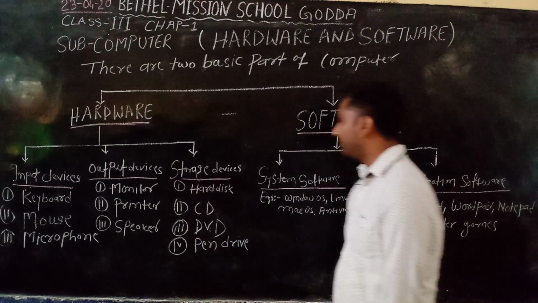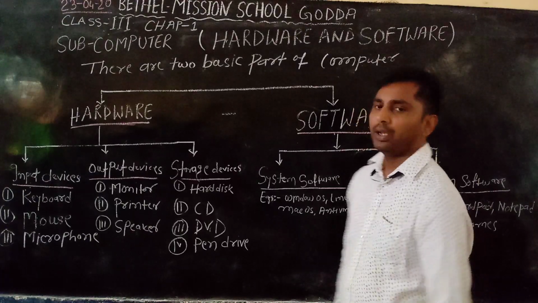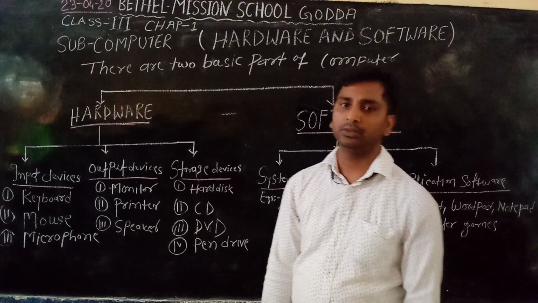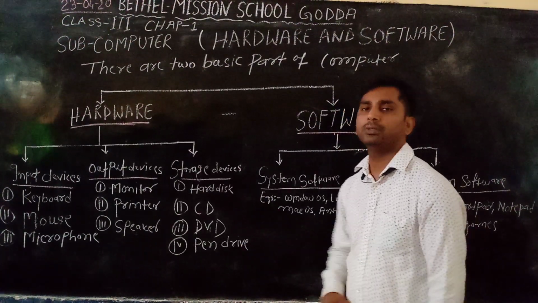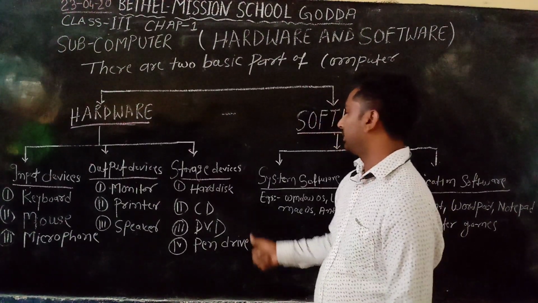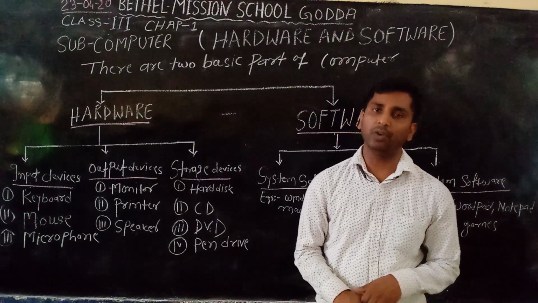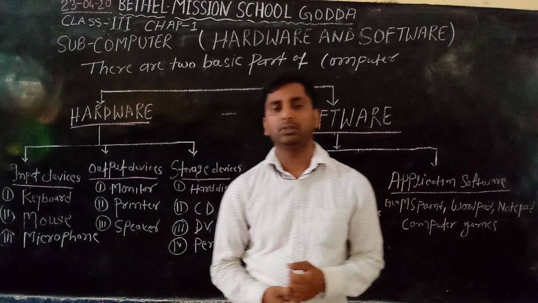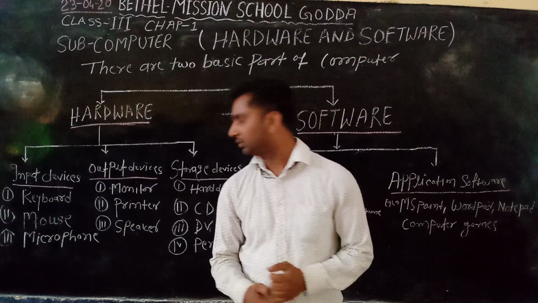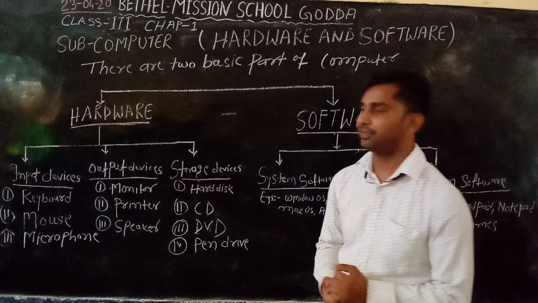Second is CD. CD stands for compact disk. It is round and flat and shiny. It can store a lot of files, folders, pictures and text files.